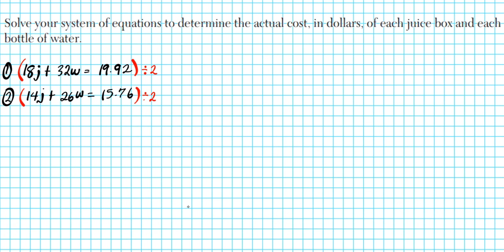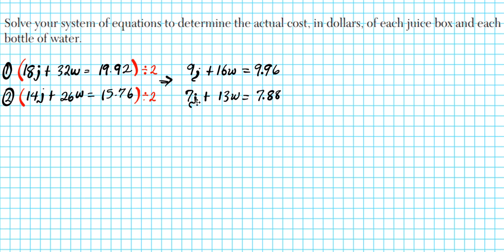That gives me a simpler system, 9J plus 16W equals 9.96, and then the second one, if you divide, you have 7J plus 13W equals 7.88.